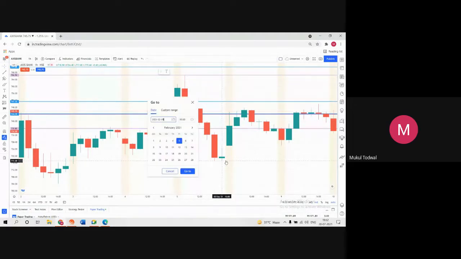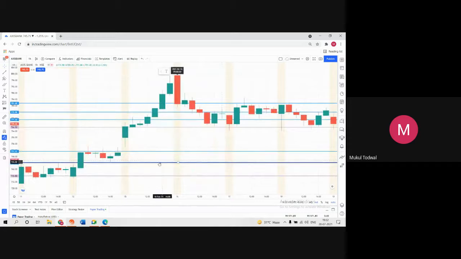Another example of a bearish engulfing candlestick is right here on your screen. See, the stock is in an uptrend right now. A green candle has been formed. This is the size of the green candle.